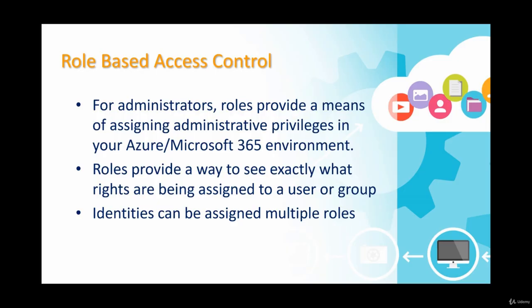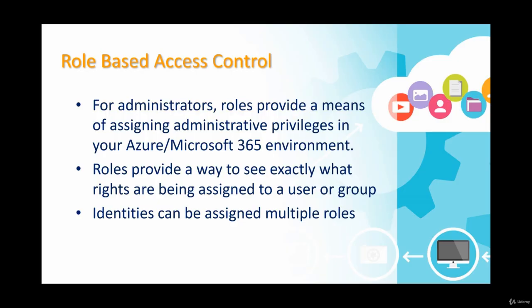This includes both Azure as well as your Microsoft 365 environment. You're going to find you've got a mix of roles. Some of the roles are in the Azure portal, which is what we're going to focus on right now. And a little bit later, we're also going to focus on the Microsoft 365 side, where you're going to see that there are some roles that are specific to the security of Microsoft 365.